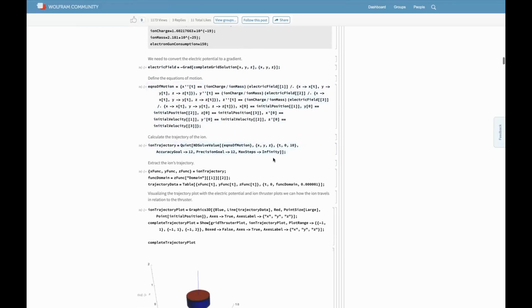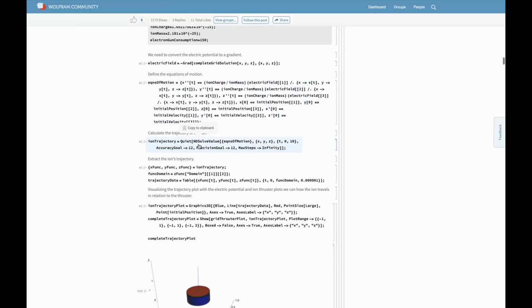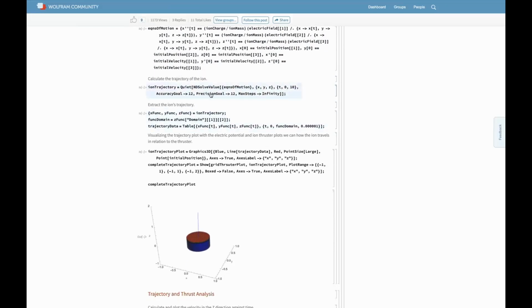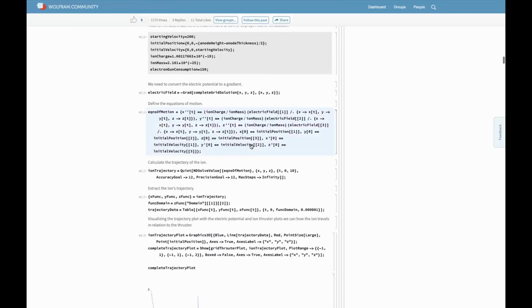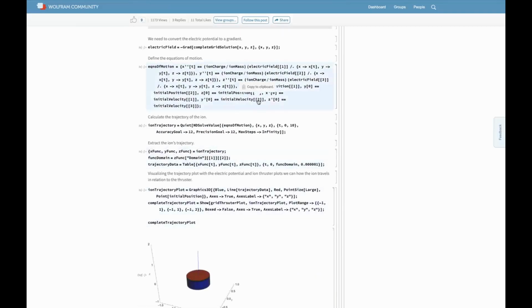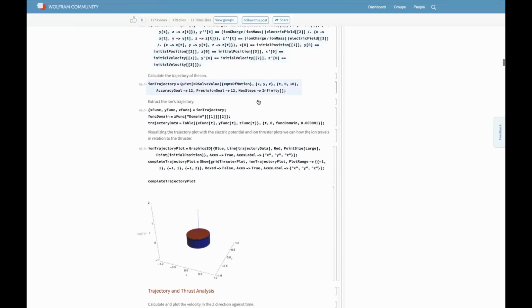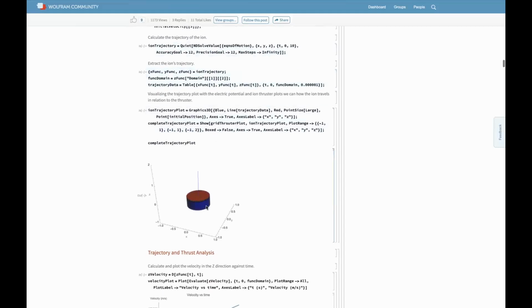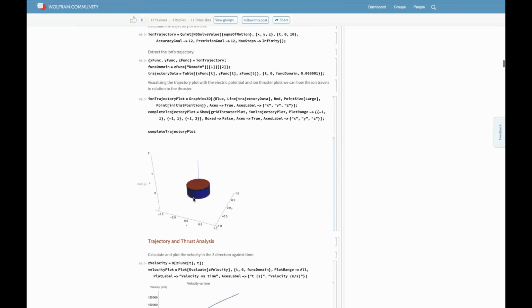And so I used Wolfram again to solve for the equation of motion, following the ion through small steps until it leaves the domain from inside the thruster, and just solving each equation individually and finding the acceleration and velocity at each point. And so here we then plot the trajectory of the ion.